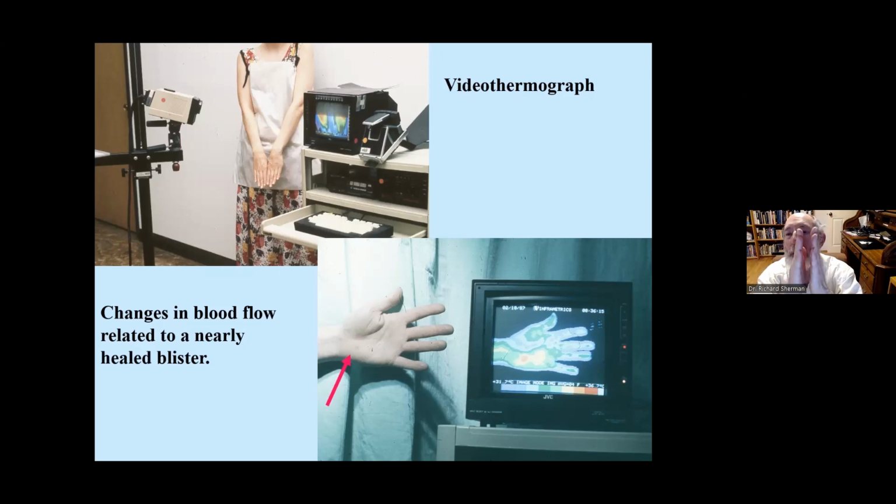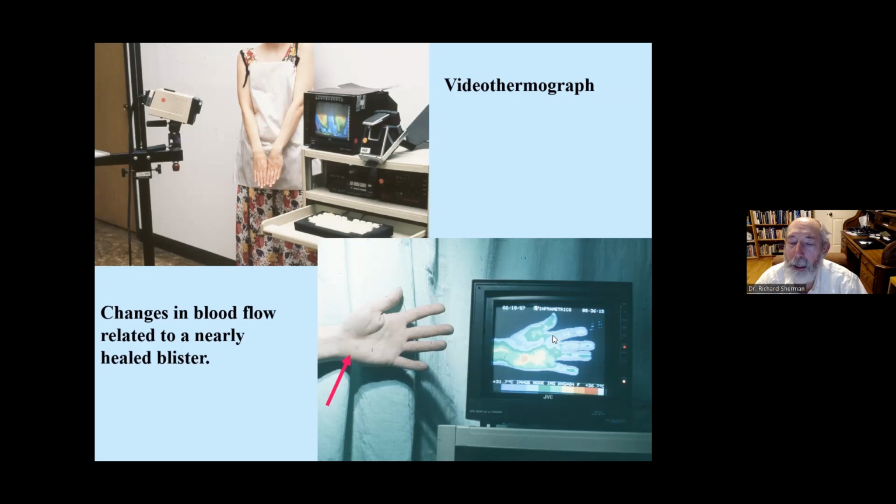The actual lumen of the blood vessels gets smaller. So not enough blood gets there, and you have very little blood going to an area. It looks different when you measure the temperature.